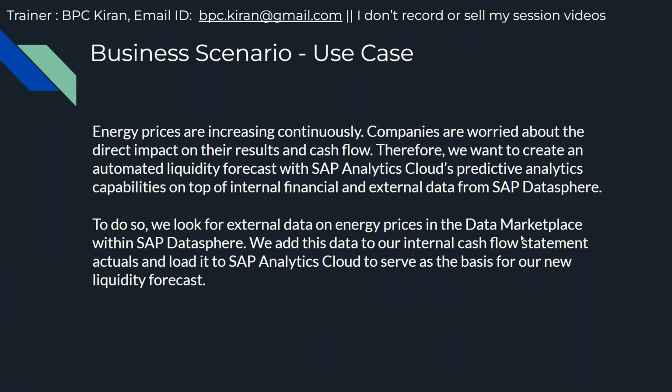From the data marketplace we can purchase the data; sometimes it's free. We call these data products, and we will install the data products, combine our actual data with the energy prices, and move that data to SAC for the estimations.